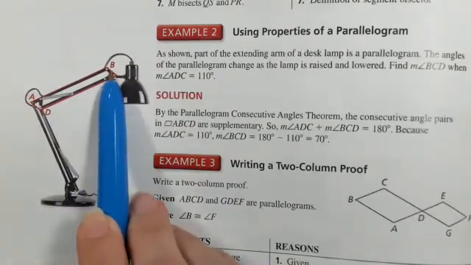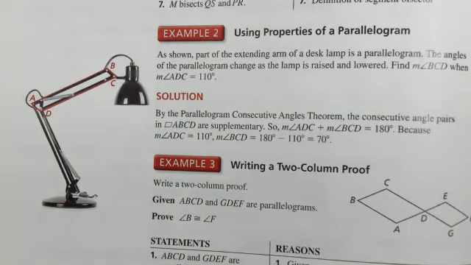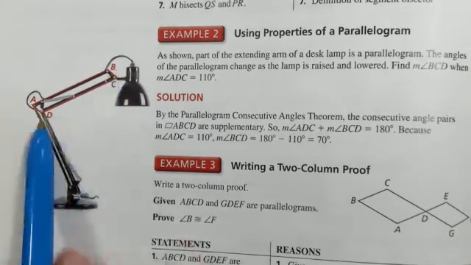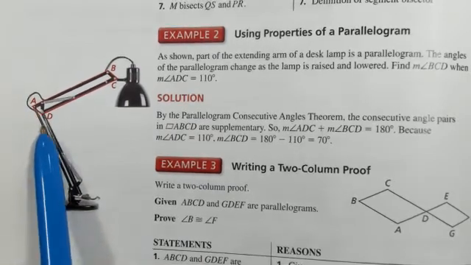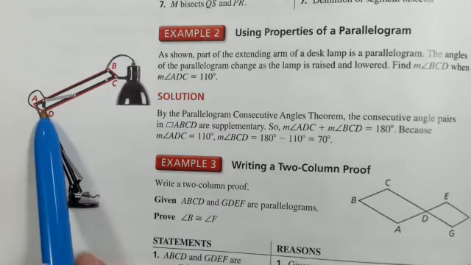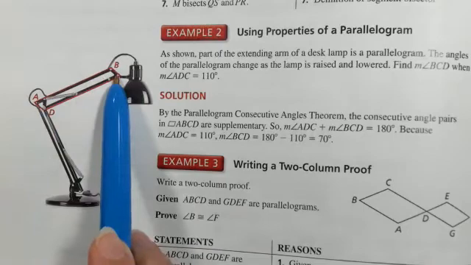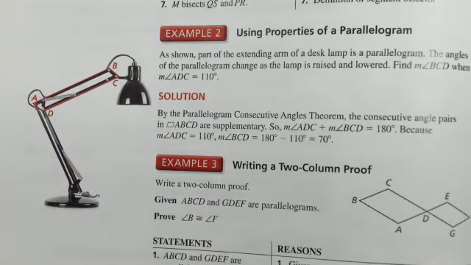So this little angle here is what we're looking for, right there. Angle C, when the measure of ADC is 110. So this uses the consecutive angles theorem. So if this one is 110, that makes this one here have to be 70 because they are supplementary.